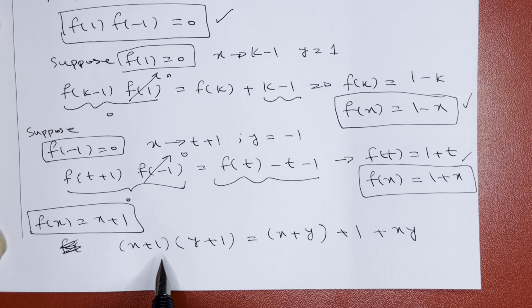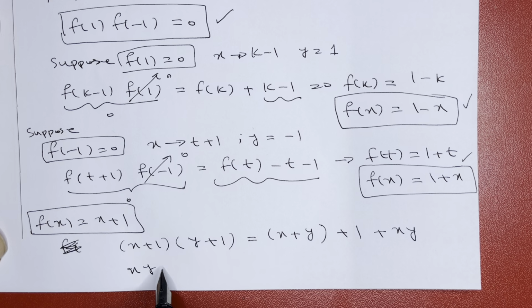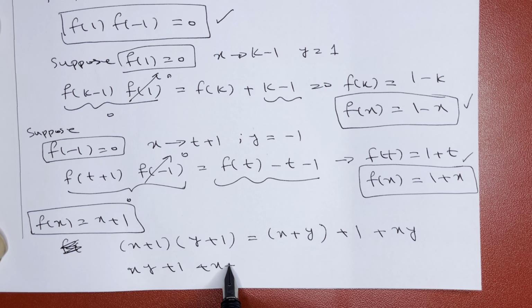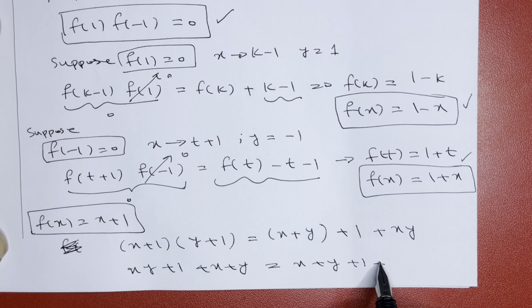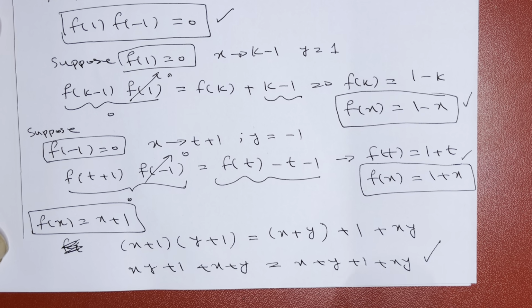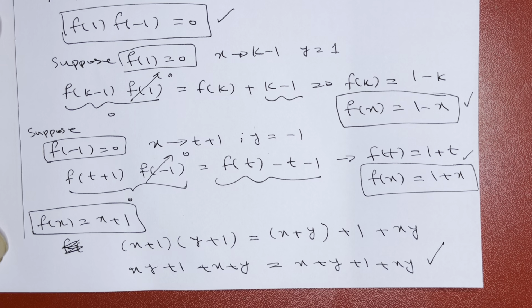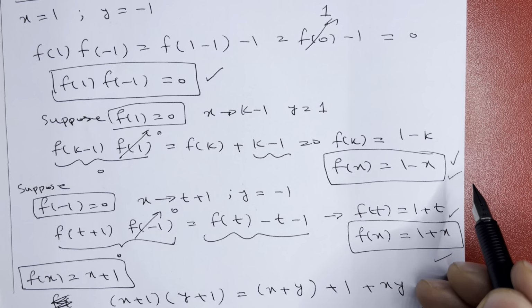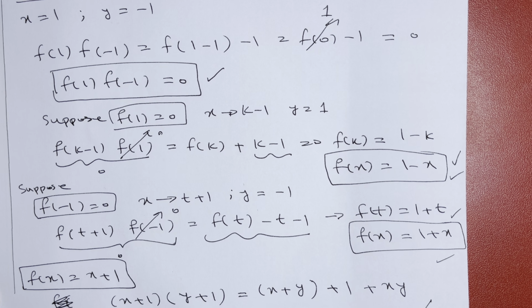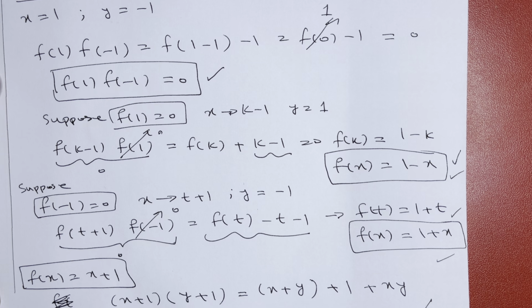If you simplify the left-hand side, we have xy + 1 + x + y. Right-hand side: x + y + 1 + x + y. Is it a true statement? Yes. So that means this one is a solution. And the other one, if you put it in the equation, is also a solution. Great. Wonderful. Thank you.